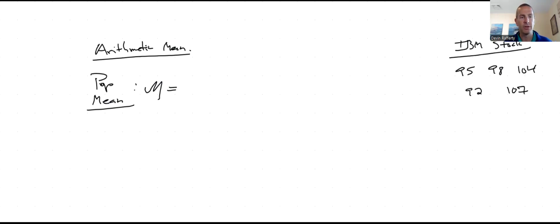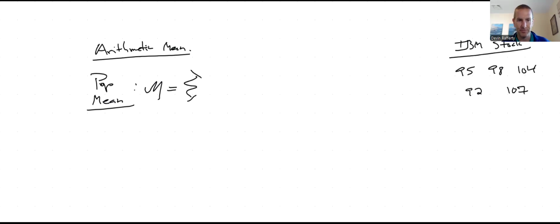Okay. So we have mu equals the summation, which is a funny looking E. This is actually capital sigma. If you want to Google it to see what exactly it should look like, because I can't do it great on my graphing tablet, Google capital sigma statistics.